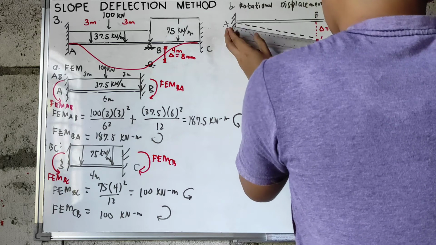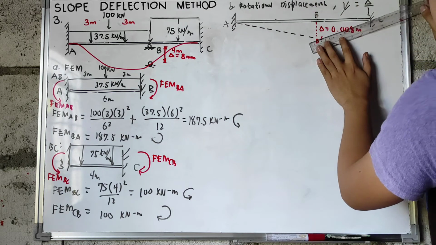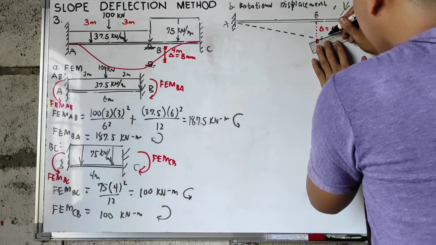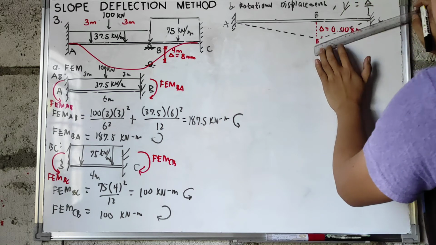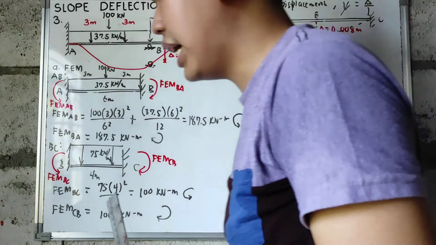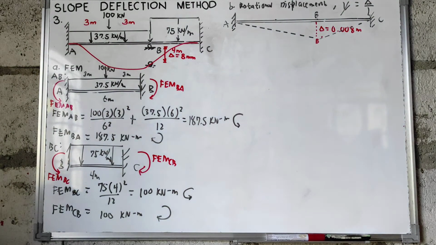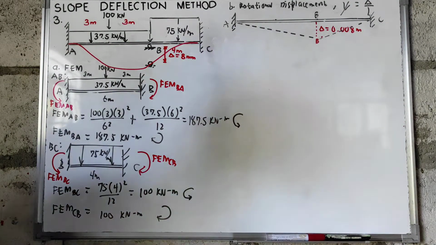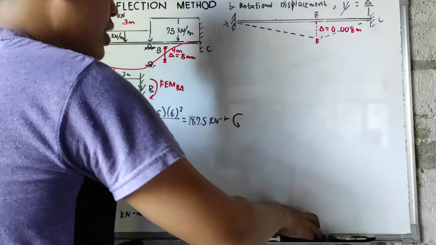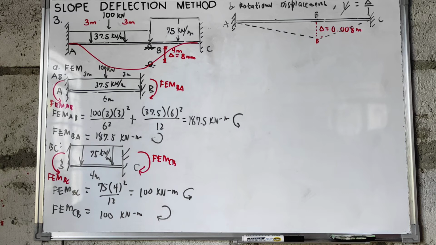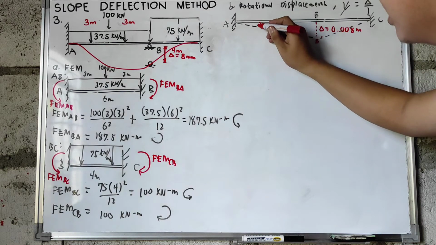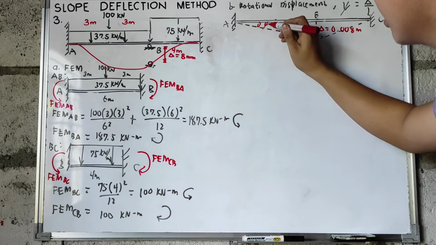So ibig sabihin lang naman ng rotational displacement, ano yung angular displacement natin nung nagkaroon tayo ng 0.008 meter na settlement. So for this one, yung tinatawag nating rotational displacement dito is this one.